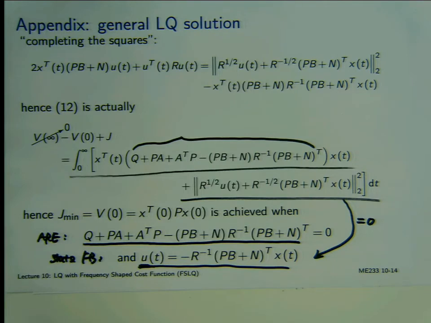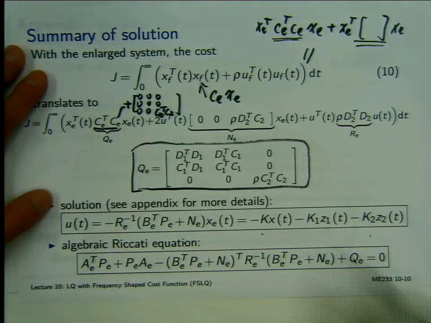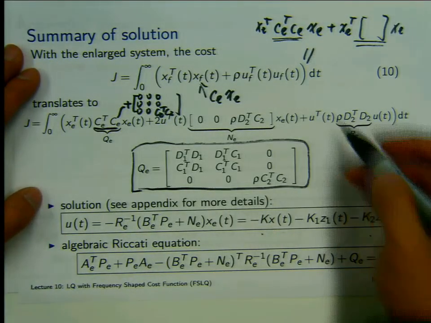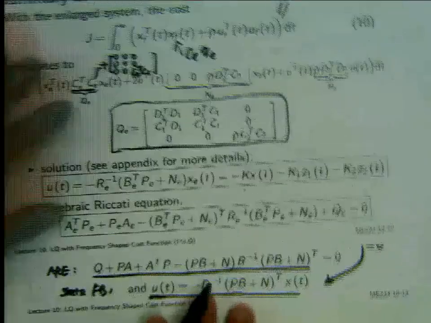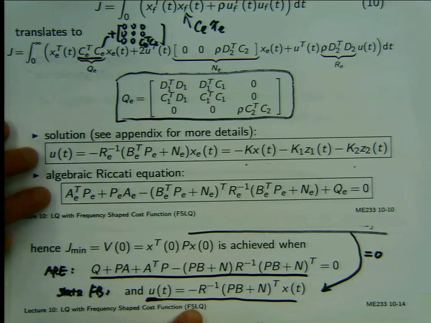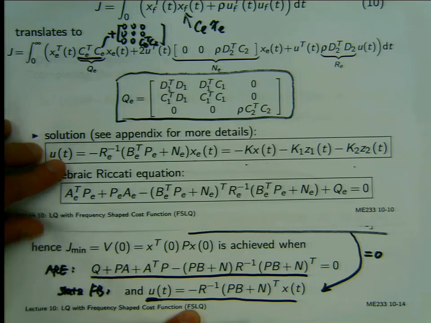Okay, so applying this result, you get exactly the solution for the FSLQ problem. You get exactly the solution like this. Okay?